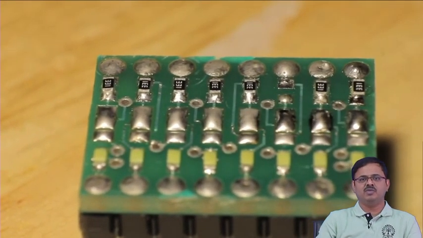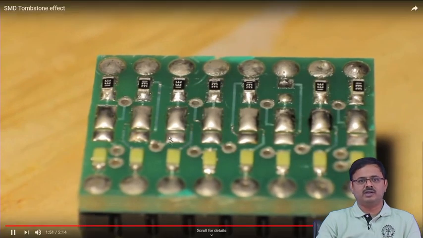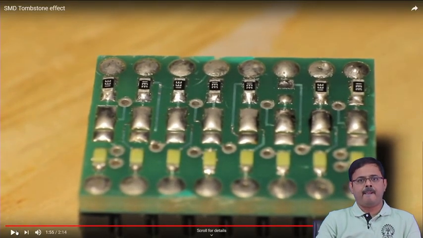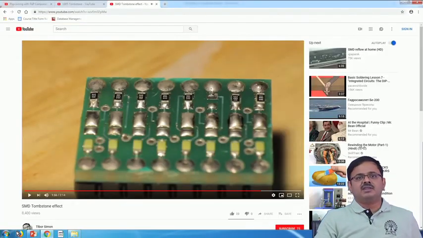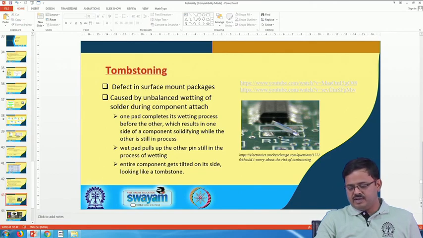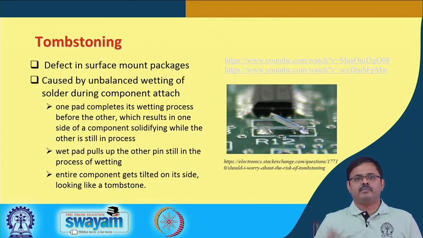The one that he removed was an example of tombstoning. So, that gives us a visual appreciation of what this tombstoning effect is all about.